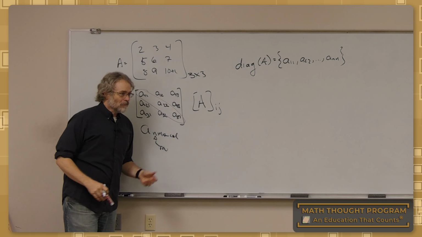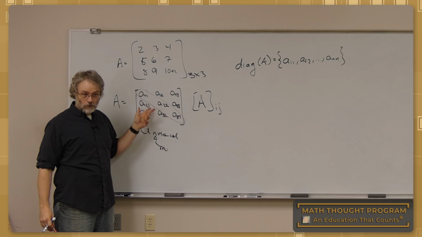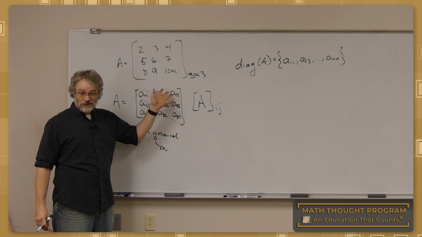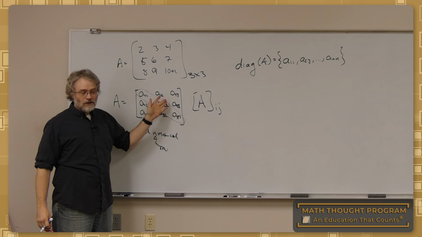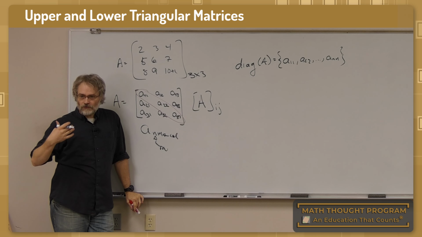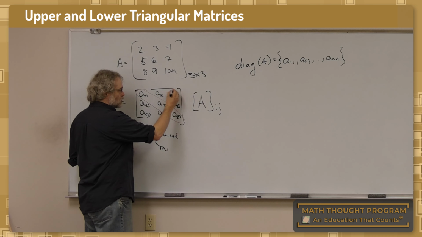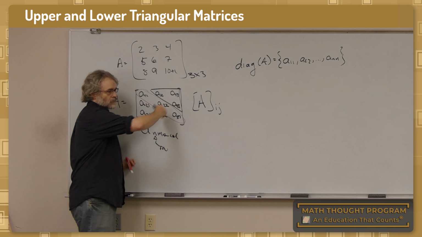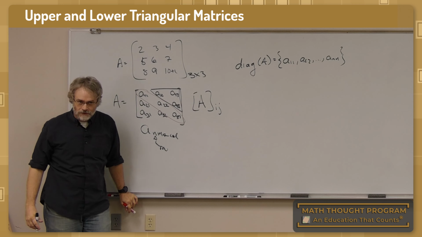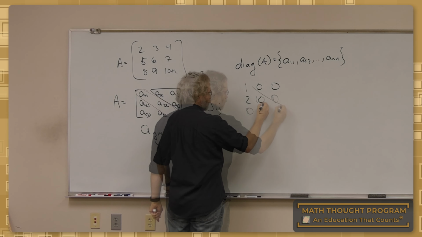Now, up here, you have what are called the upper or lower entries off the diagonal, so your off-diagonal entries. And sometimes when you're going through your calculations, you're going to run into situations in which all these entries up here, they're all going to zero out. You might have a matrix which has this particular form.